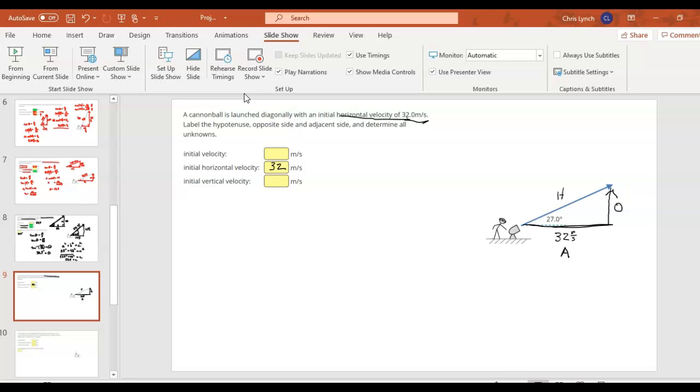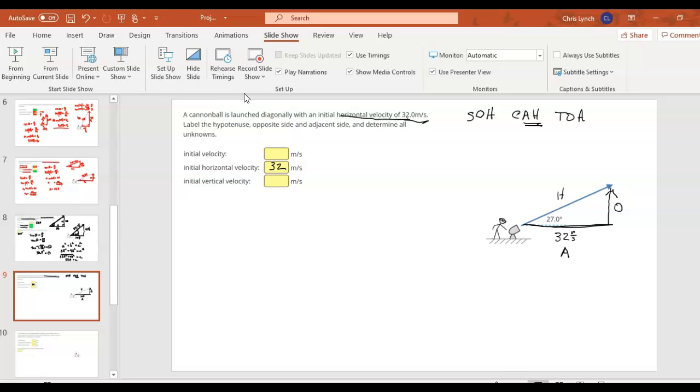Well, which trig ratio? Let's find the hypotenuse first. Which trig ratio involves adjacent and hypotenuse? Well, we've got SOH: sine is opposite over hypotenuse. CAH: cosine is adjacent over hypotenuse. TOA: tangent is opposite over adjacent. Since we already have the adjacent and we want to find the hypotenuse, we want the trig ratio that involves adjacent and hypotenuse.